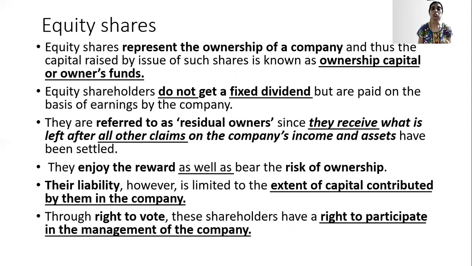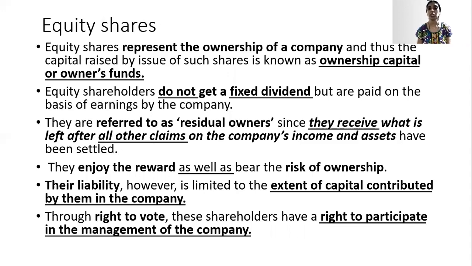Even the percentage is decided by the company, because indirectly these equity shareholders are the owners of a company. You can see the third point is the same. They are referred to as residual owners, since they receive what is left after all others' claims on the company's income and assets have been settled.